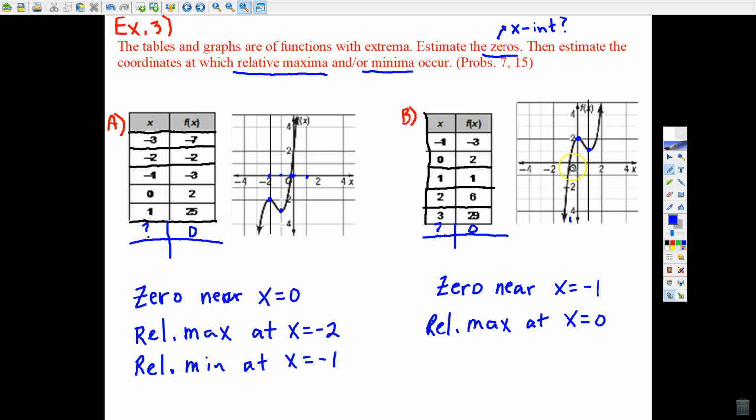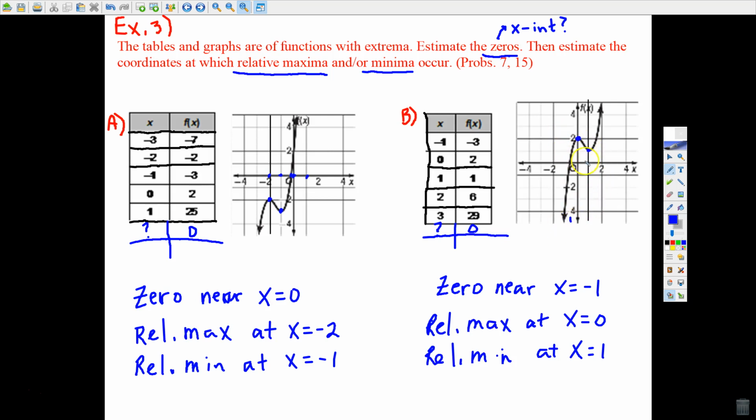Okay, officially you would say it's the point (0, 2), but we're just stating it in terms of the domain, or just the x-coordinate. And then we have a relative minimum at x equals 1. Okay, here's x equals 1, and there's the lower of these two points.